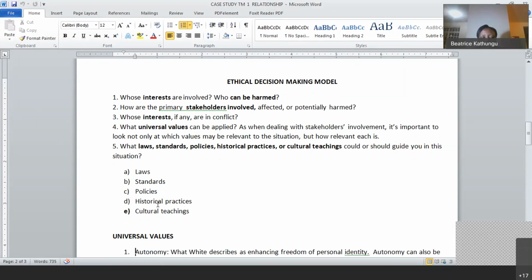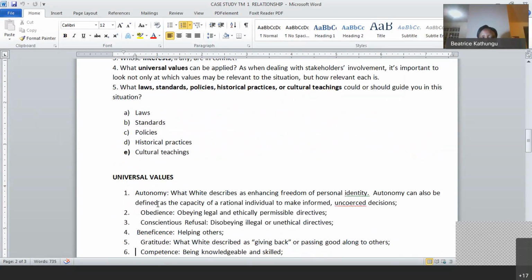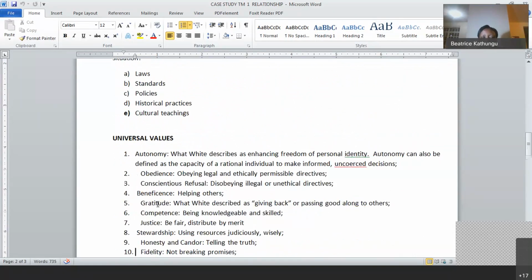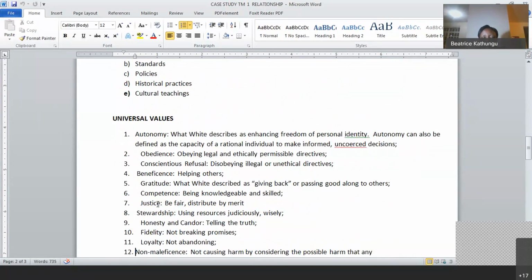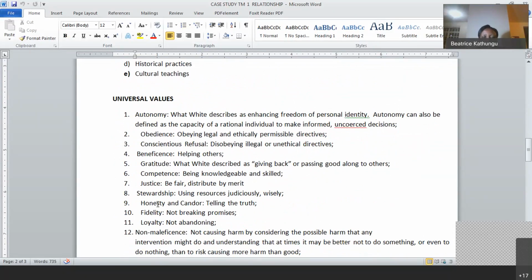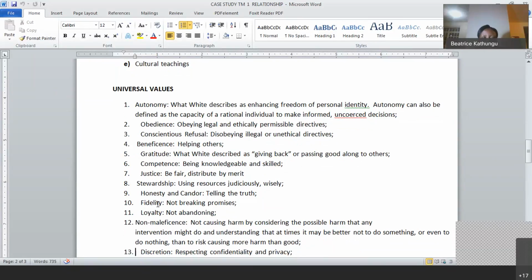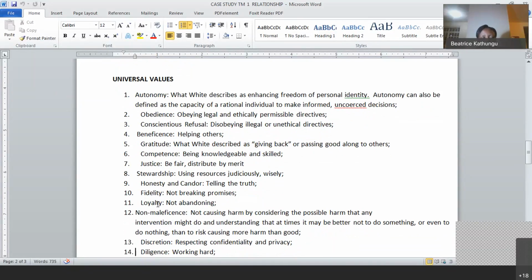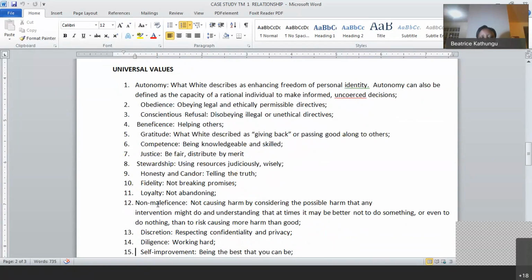Finally, let's look at the universal values. Remember what they are. We talked about autonomy, which is the need to promote personal identity. Obedience, you know what that means. Conscientious refusal, which is where you disobey a directive that's illegal or unethical. Beneficence is about helping others and doing the best good. Gratitude is about giving back or appreciation. Competence has to do with our skills and knowledge. Justice has to do with fairness.